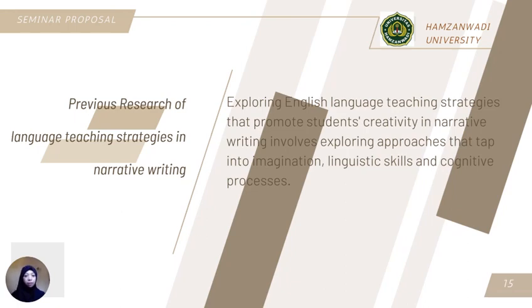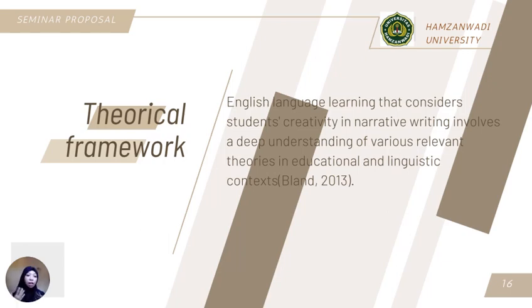Next point is the theoretical framework. English language learning that considers student creativity in narrative writing involves a deep understanding of various relevant theories in educational and linguistic contexts, according to Blend (2013).